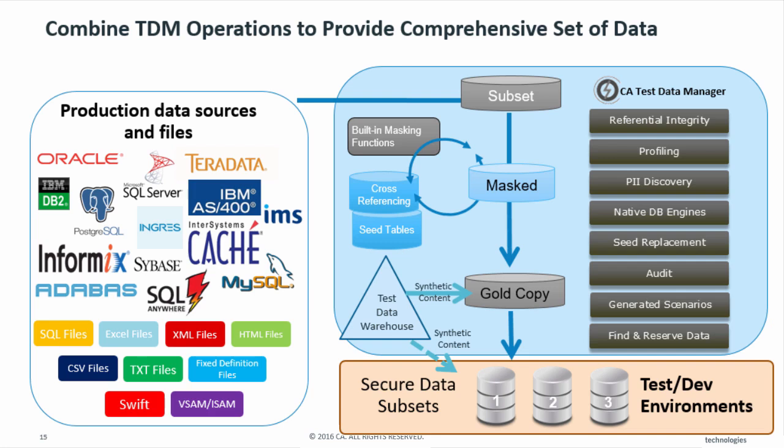Even to the point perhaps that from that golden copy you could begin your find and reserve process, so that you understand the test cases that you're going to run in test development environment number 1. You've catalogued those test cases, you've catalogued the attributes, and you've built a test mart from that gold copy.